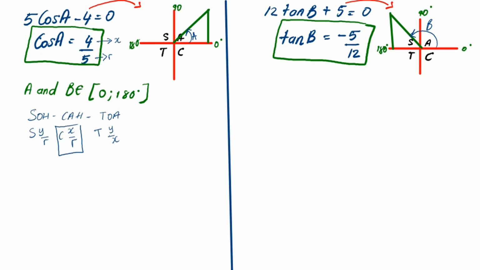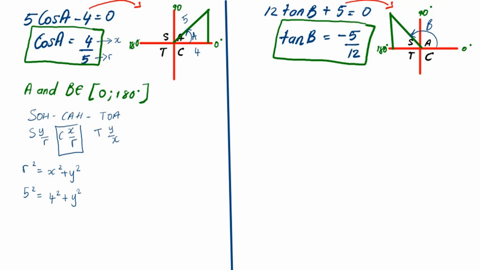So the 4 is our x, so that goes onto our x-axis, and your r is your 5. So how do we calculate the y? We simply use the theorem of Pythagoras. So r squared is equal to x squared plus y squared. We're solving for y, so we substitute the values that we have: 5 squared is equal to 4 squared plus y squared.